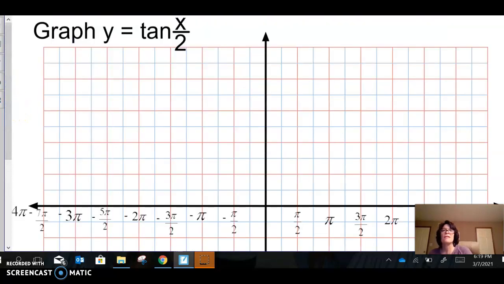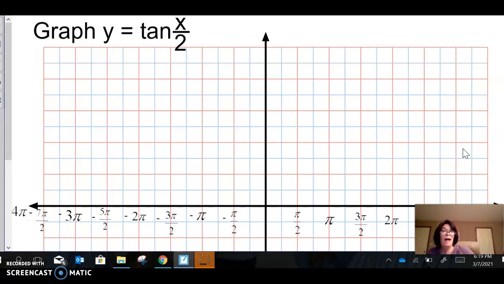That's cotangent. Now let's think about the graph of y equals the tangent of x over 2. Think about how we graph sine and cosine. We let x over 2 equal the five key points. For tangent, the key points are really those asymptotes.